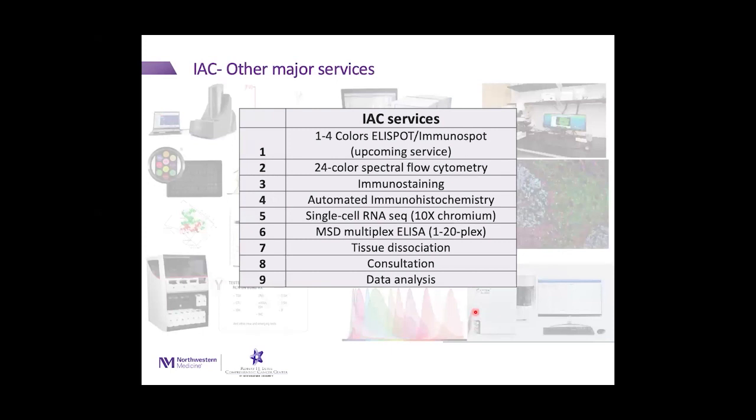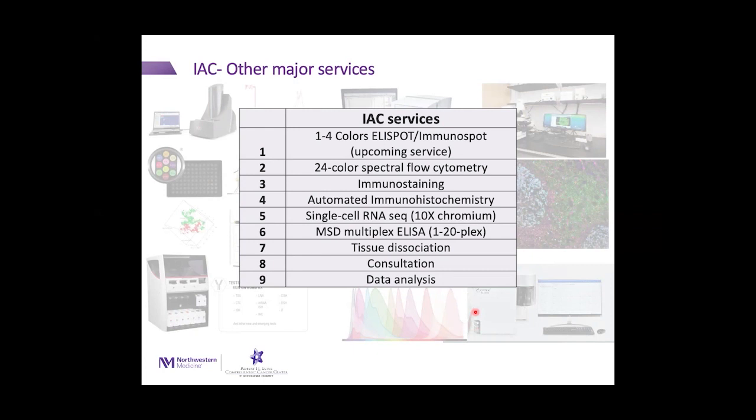Other major services that are provided by the core are the 1 to 4 colors ELISpot or Immunospot. This is an upcoming service. We just bought the instrument and we are going to have a training soon. And then we'll open up this service line for everyone. The other thing is our 24-color spectral flow cytometry, and we provide immunostaining for the cells. Support for this, we have automated immunohistochemistry panel.